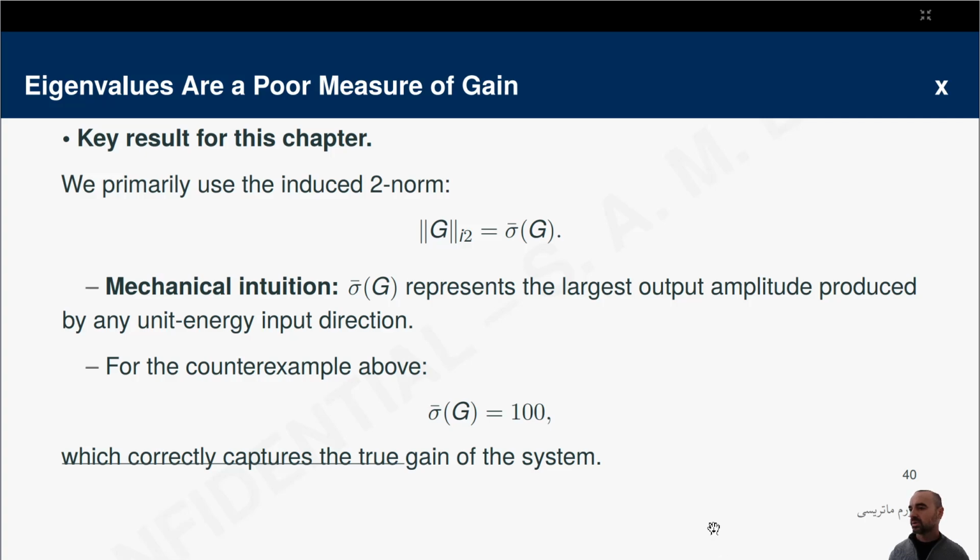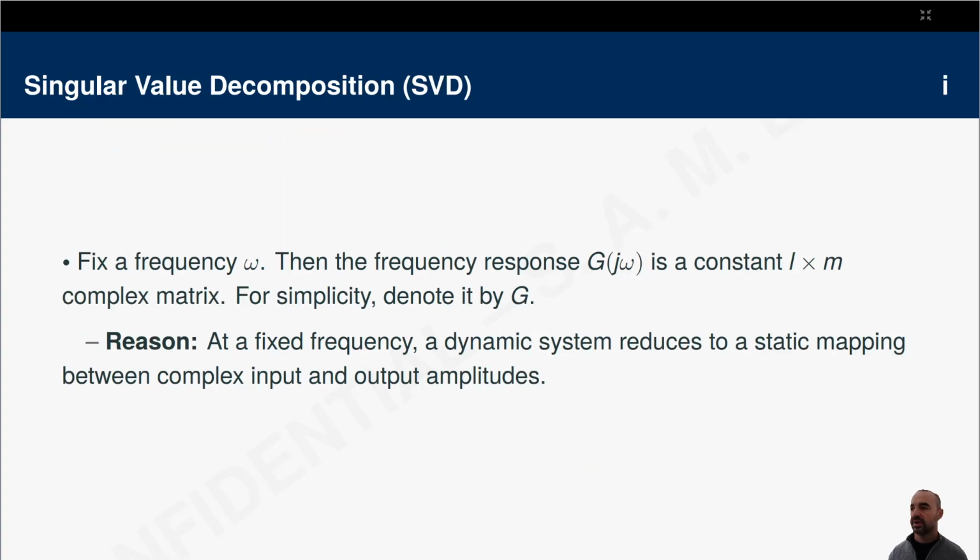All right, let's now start our discussion on singular value decomposition. Let's fix a frequency omega. We are going to look at a snapshot of the system and compare the steady state response.